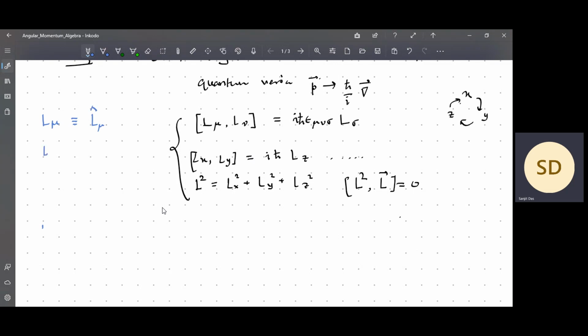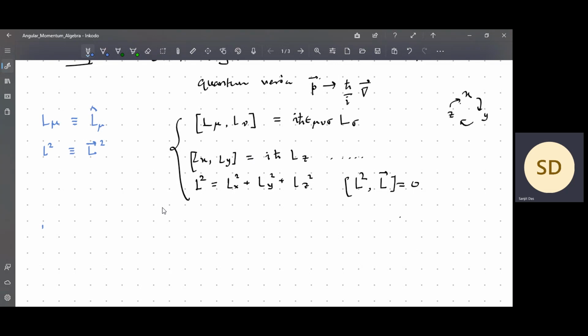And when I write L square, that basically means the L vector and then taking the square. I am not writing the hat or vector notation, but you should understand it from the context. I am just saying this from the beginning, so in subsequent places when we discuss in detail, we will drop this hat or vector notation.